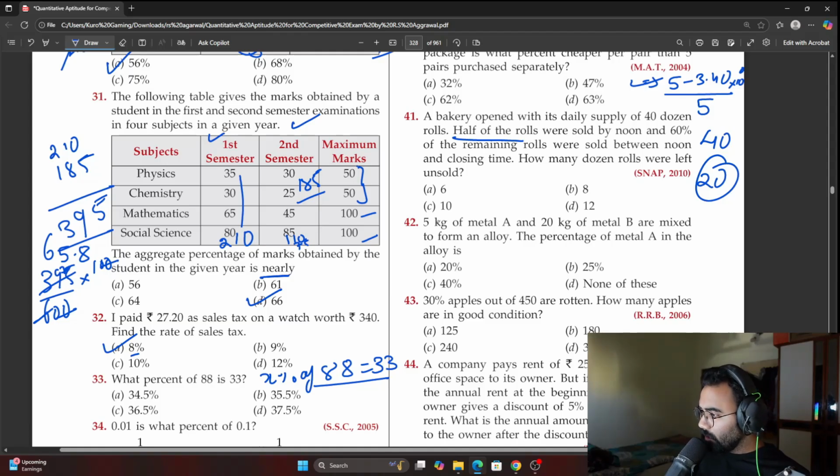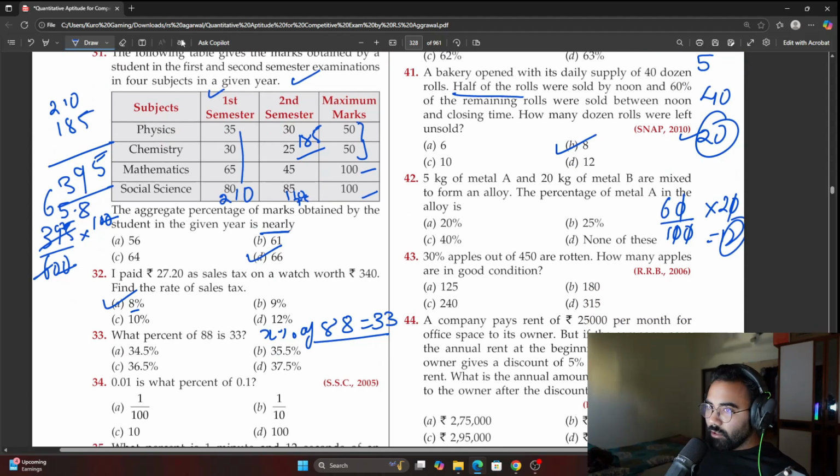So that should be 60 upon 100 multiplied by 20. 6 2s are 12. So they managed to sell 12 out of 20. So what is the number of rolls that remained? That is 8. Straightforward. Let me make some space for calculation.